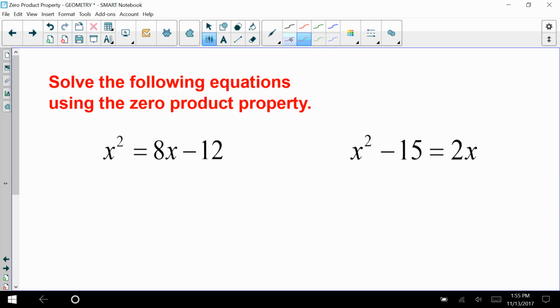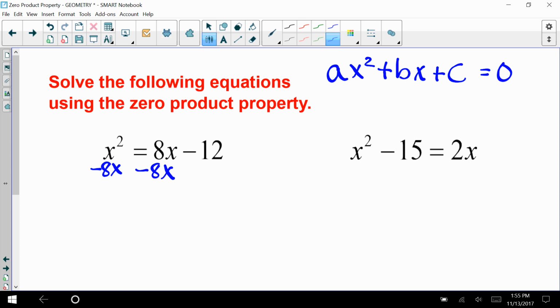So let's look at these now. Do we have this first problem in standard form? We do not. So we need to rearrange this in standard form. So we have x squared minus 8x equals negative 12. And then we've got to add the 12.